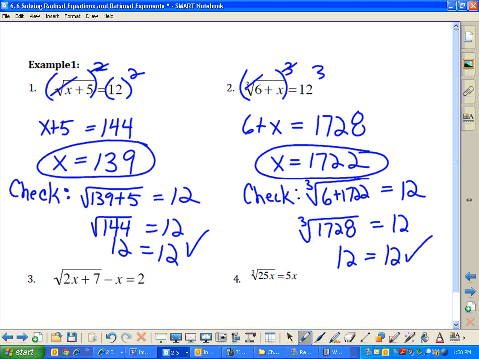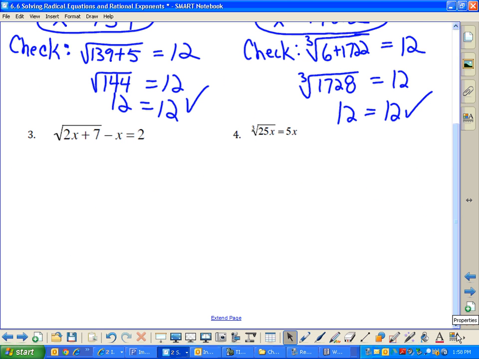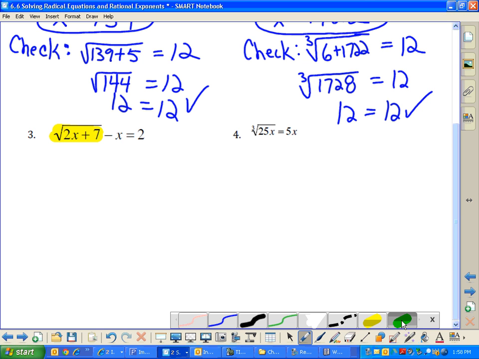So now we make it a little bit harder. Let's go down to 3 here. So for number 3, I would try to isolate the radical first. And if you'll notice, here's my radical expression, and it is not isolated. It is not by itself. I've been saying today, it has a little creeper right next to it. There's minus x sitting there.